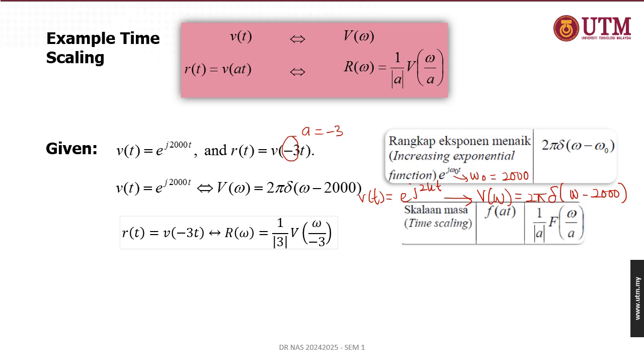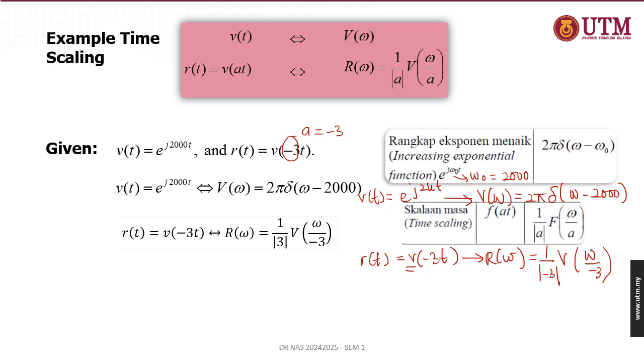So your r(t) is equal to v(minus 3t), in which your R omega equals 1 over the absolute value of a, your a is minus 3, and then V, because it depends on V, so it's V of omega divided by a, a again being minus 3.